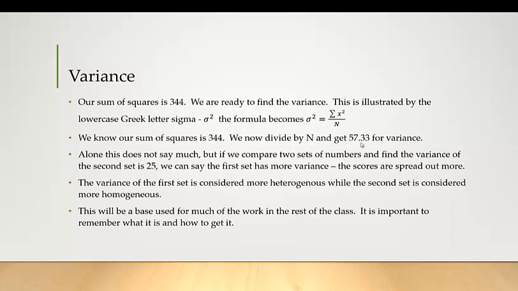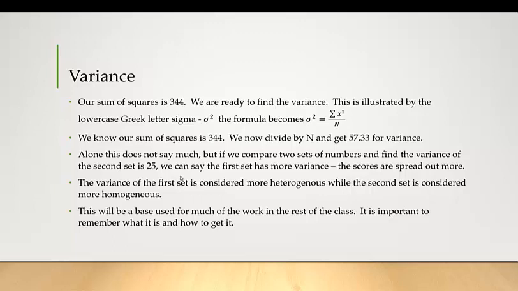Okay, now that in and of itself doesn't tell us a whole lot. As I say in the next bullet, alone, this does not say much. What we could do would be compare two sets of numbers. If we were to find the variance in the second set is 25, we can say that the first set has more variance. The scores are spread out more.